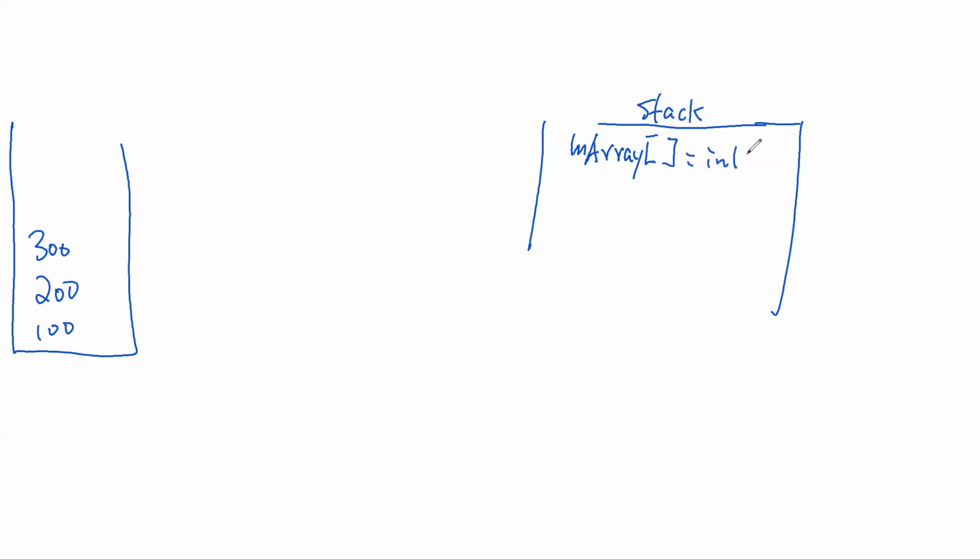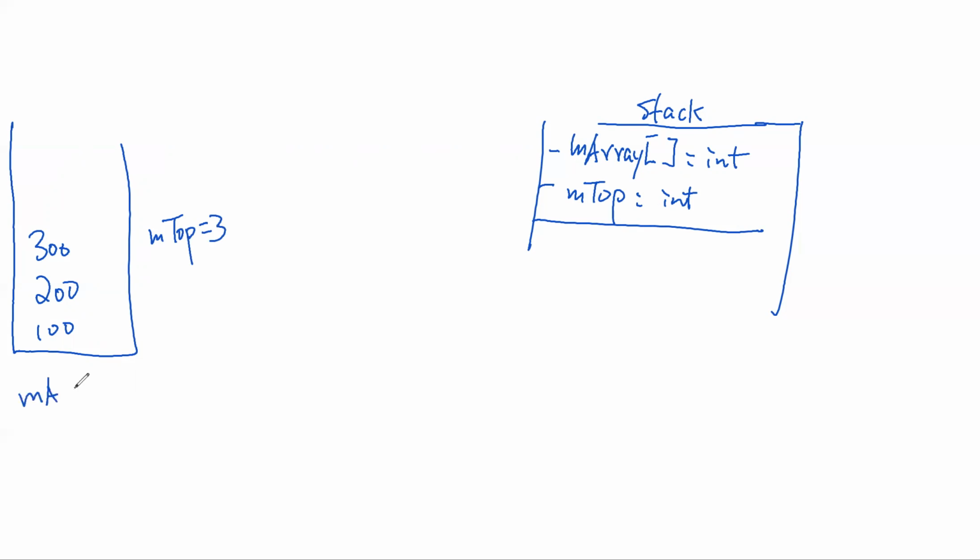We also have the top index, which is an integer. Those are instance variables, and m top at this point is 3.